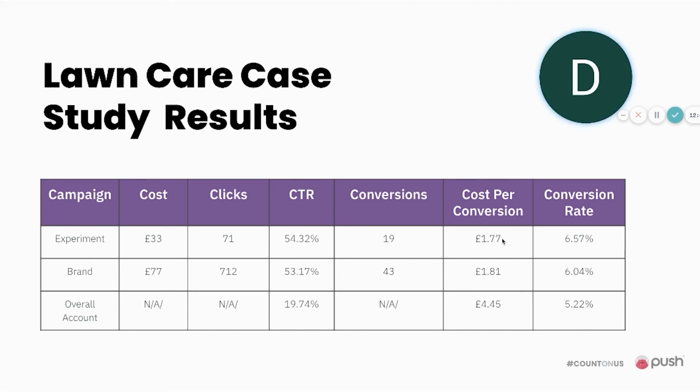And on top of that, you've got hugely reduced cost per conversions, lower than half of what we've seen as an account average. So this has enabled us to bring that account average down and also increase the conversion rate as well.